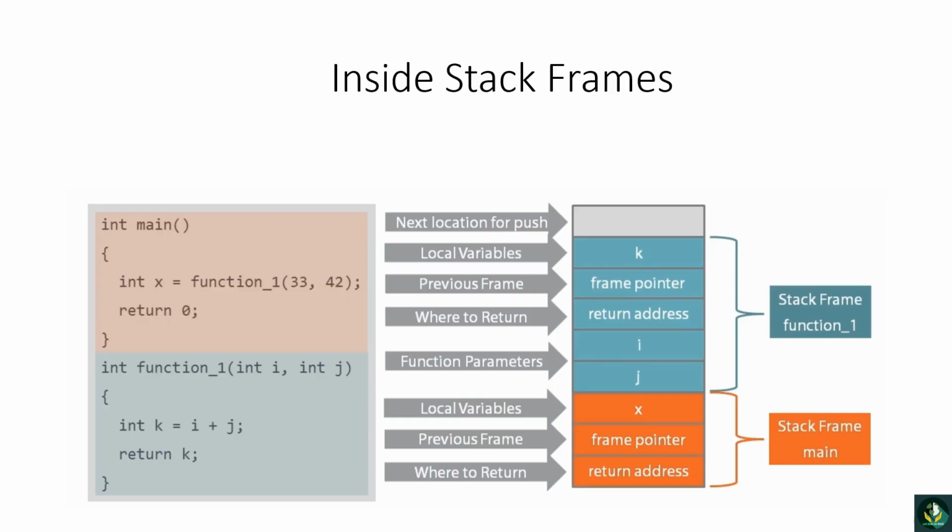The local variable k is created at the end, as you see in the picture. This is the entire stack frame for function 1. The next frame is where the next frame would be stored if function 1 called any function. When function 1 returns to main, its frame will be removed from the stack.